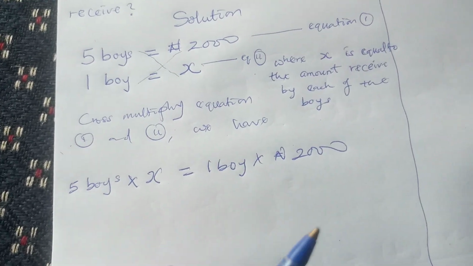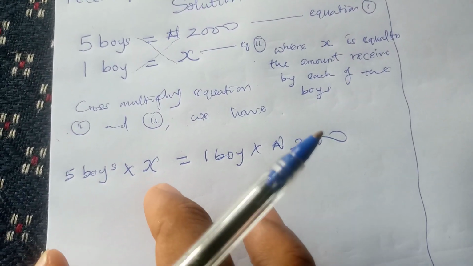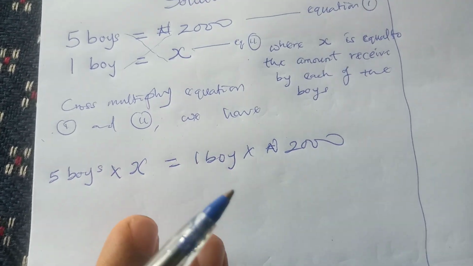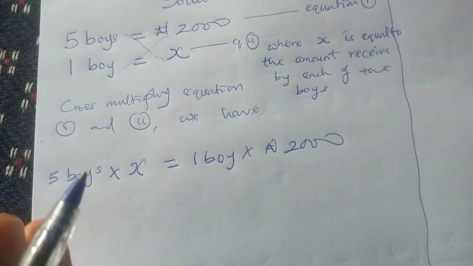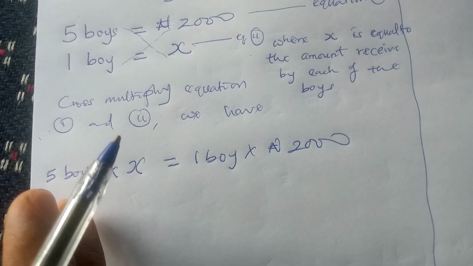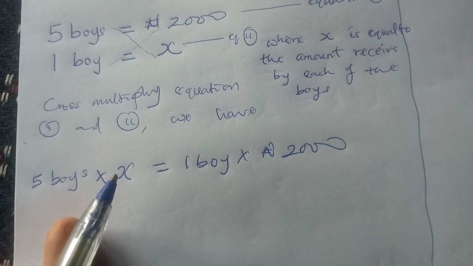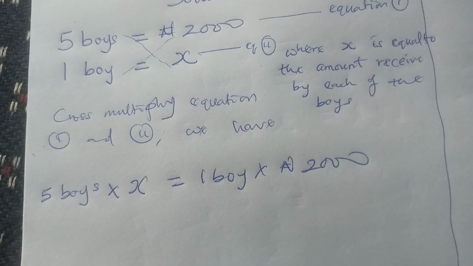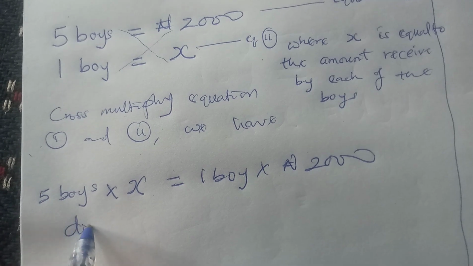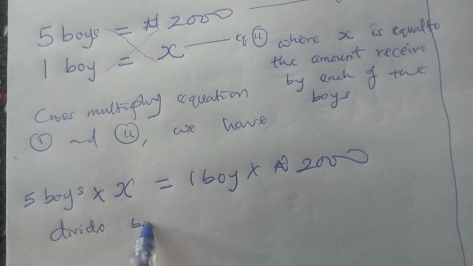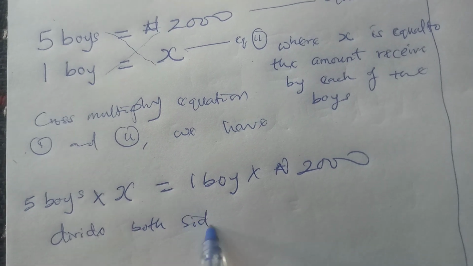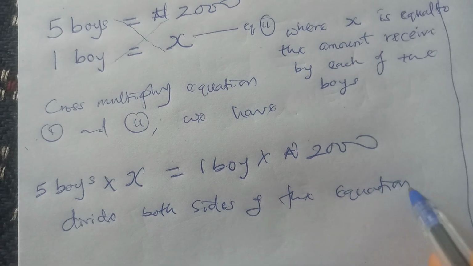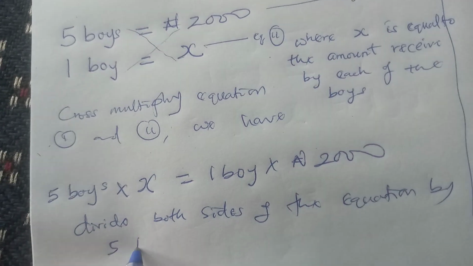The next thing we do is to ensure that x, which is the variable we are trying to look for, is left alone on this side of the equation, as we make it the subject of the formula. How do we do that? We'll divide both sides of the equation by 5 boys.